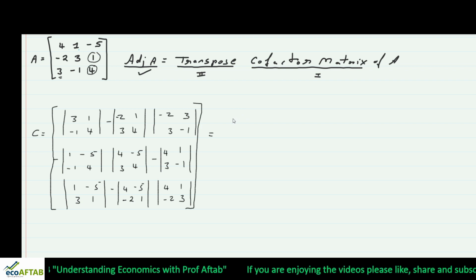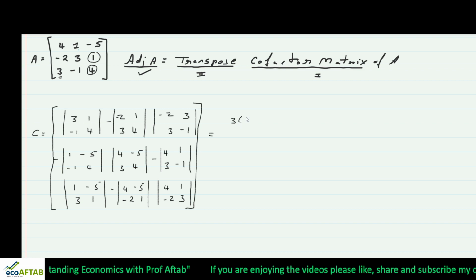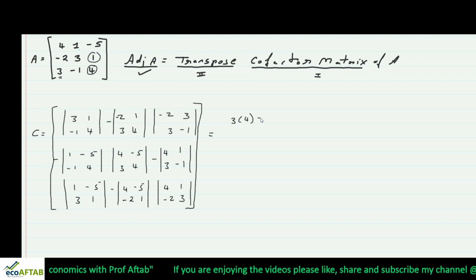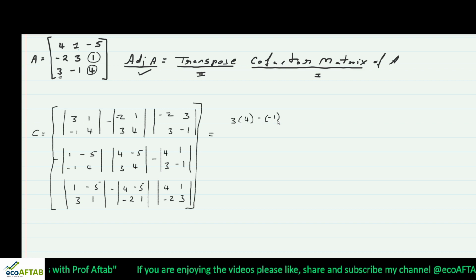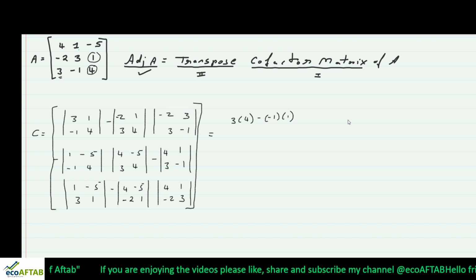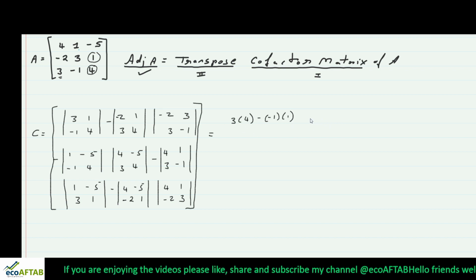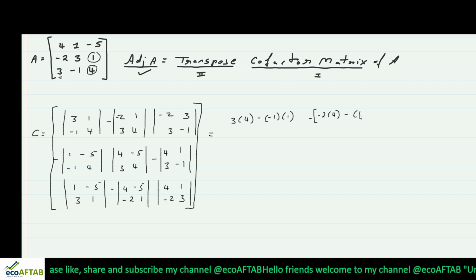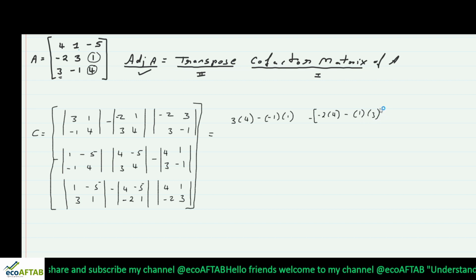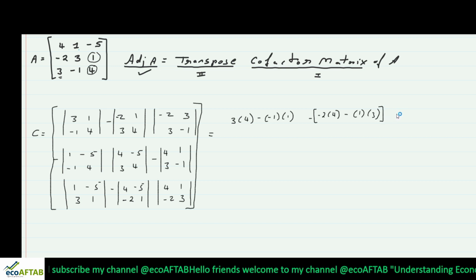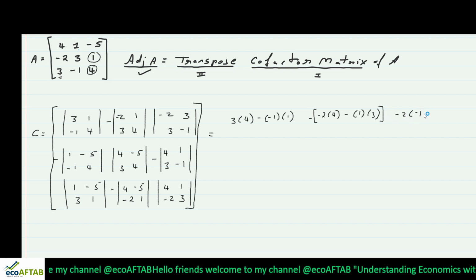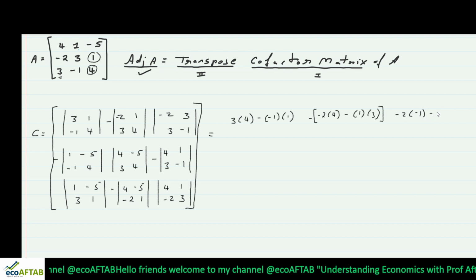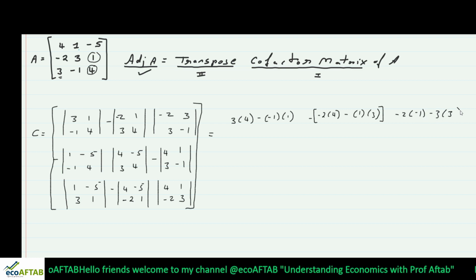For simplicity, I will do it over here. 3 into 4 minus 1 into 1, then comes minus 2 into 4 minus 1 into 3, then comes minus 2 into minus 1 minus 3 into 3.